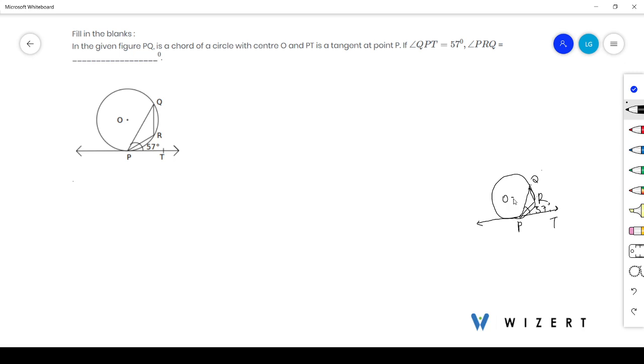Now join OP and OQ. We have been given that PQ is a chord of a circle with center at O. Also we have been given angle QPT equals 57 degrees.